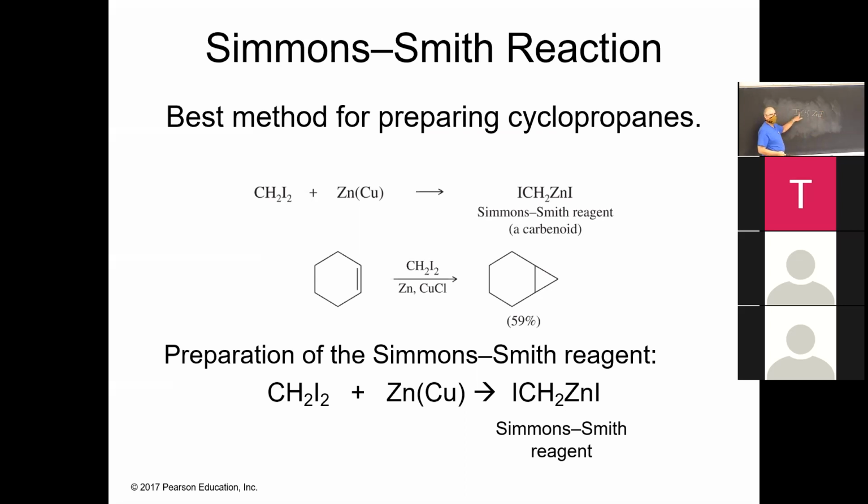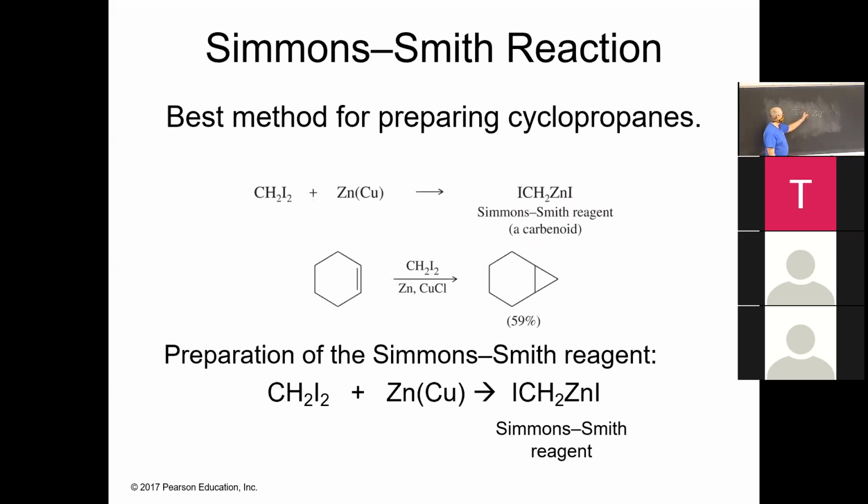Okay, if we look at the polarity of this bond, iodine is more electronegative than carbon. So carbon on this side will have a partial positive charge. Without knowing the electronegativity of zinc, metals in general are low electronegativity.